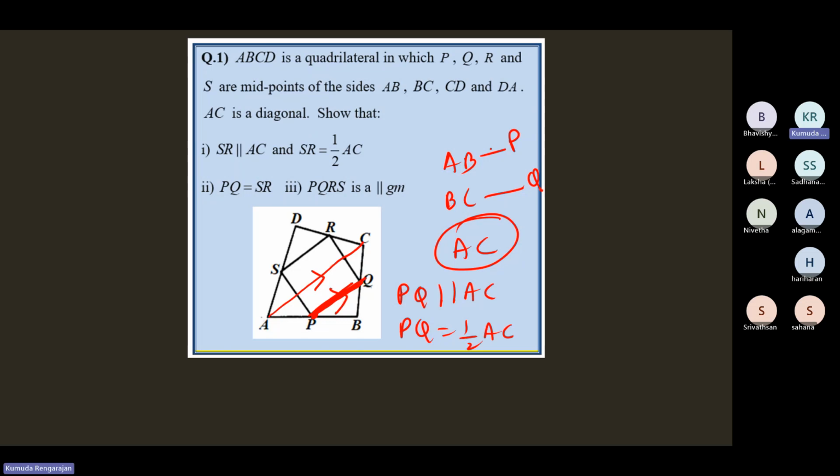When we have the midpoints of two sides of a triangle, we can use the midpoint theorem. So what do we have now? PQ is parallel to AC and PQ is equal to half of AC.